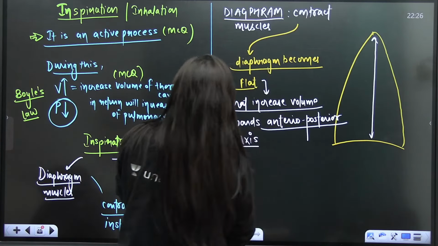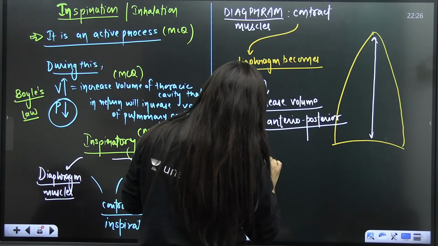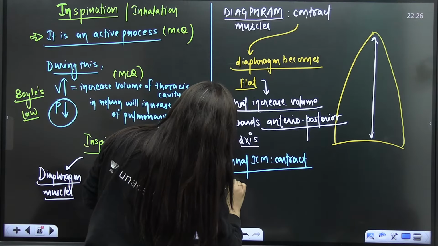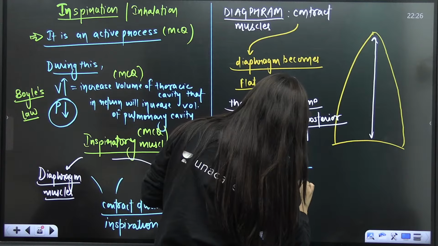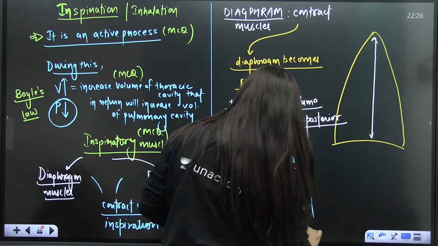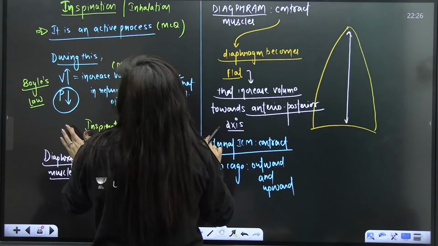Now the second dance step, external intercostal muscles contract. What will happen to the rib cage? Outward and upward. So obviously that will also increase something. What will that increase?